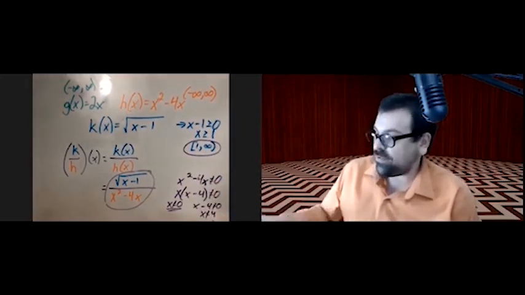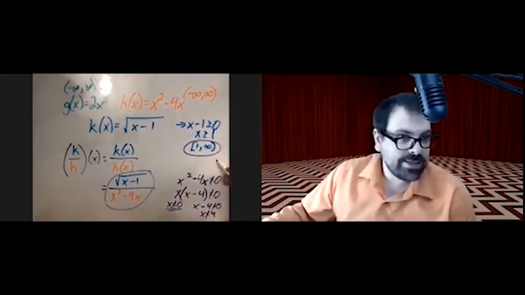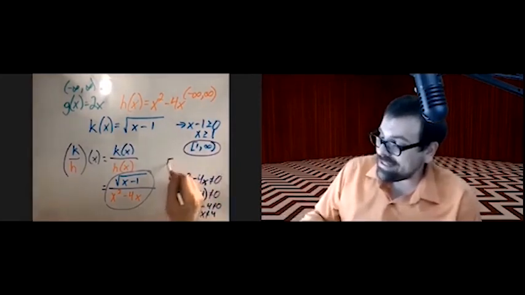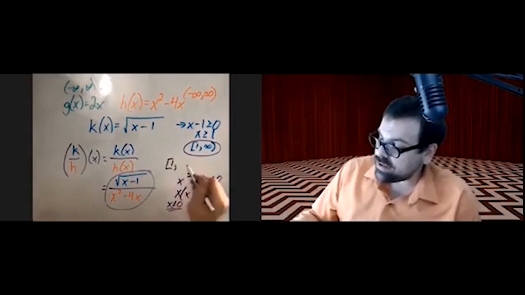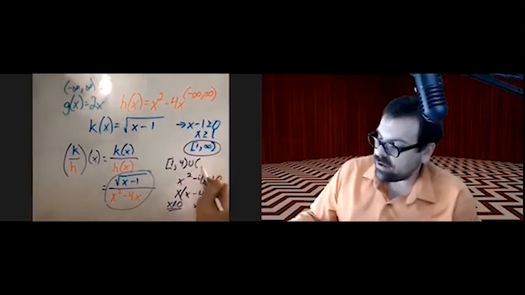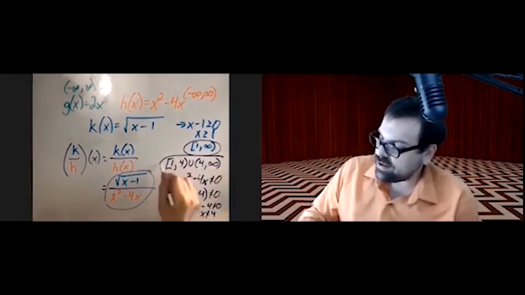However, x equals 4, that is in the intersection. So we need to take it out. This is going to be including 1 to 4, not including 4, union with 4 to infinity.